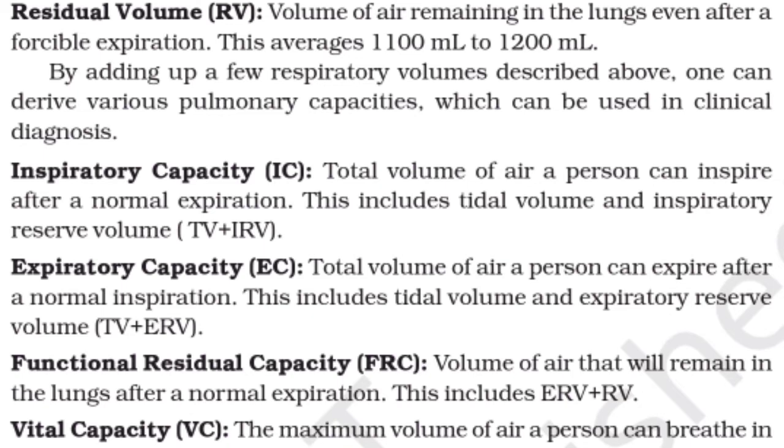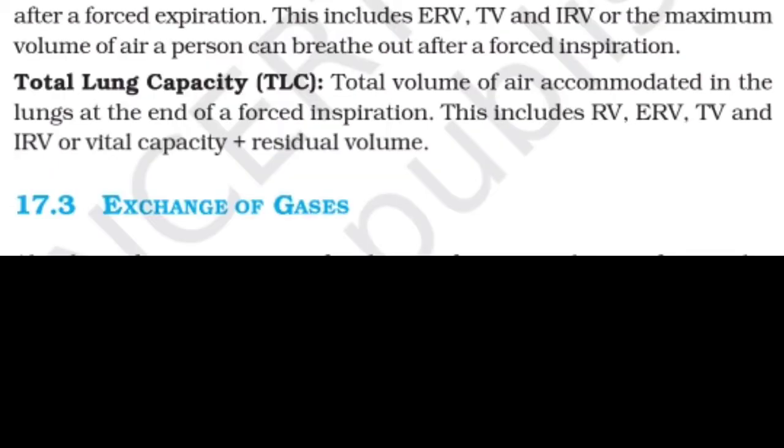Functional residual capacity (FRC), volume of air that will remain in the lungs after a normal expiration. This includes ERV plus RV. Vital capacity (VC), the maximum volume of air a person can breathe in after a forced expiration.